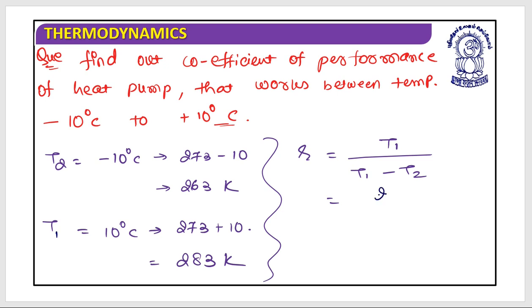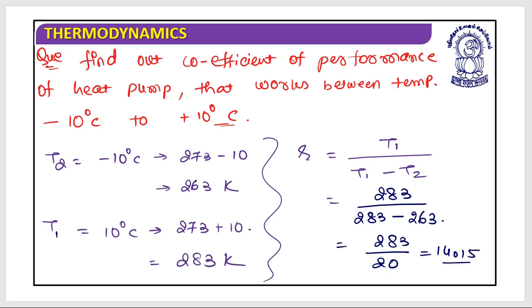So this is equal to 283 divided by 283 minus 263, which is 283 divided by 20, which is equal to 14.15. I hope this is clear. Is it clear? Great.